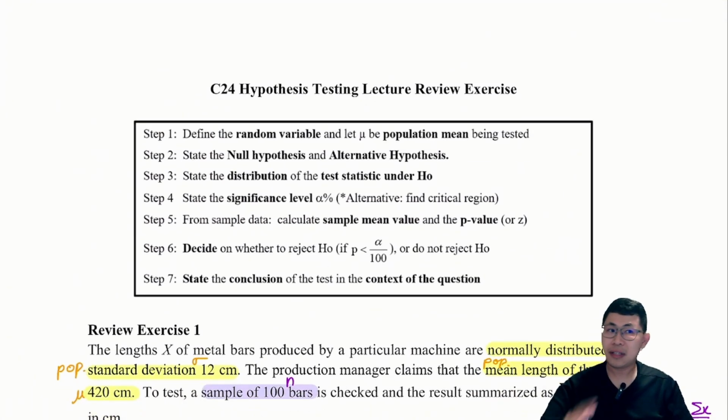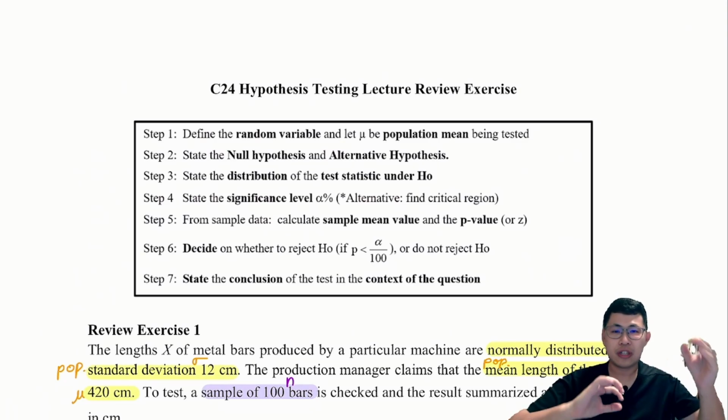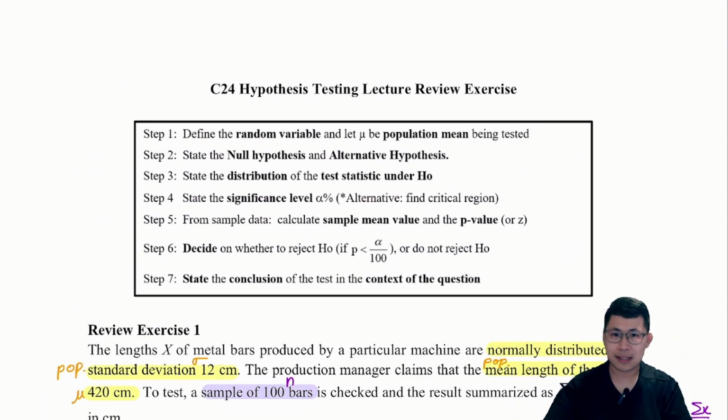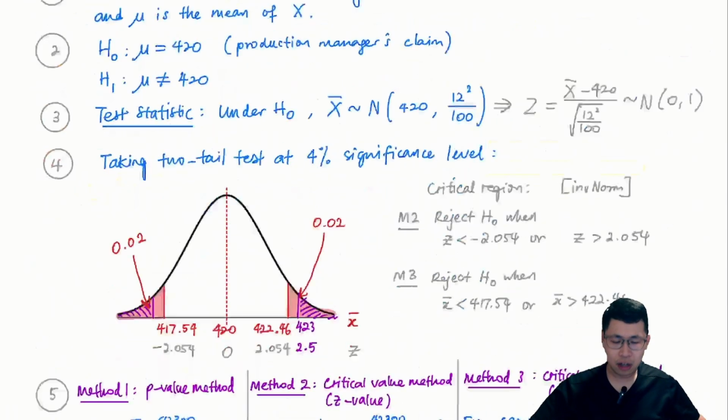So we still need to set up as usual, but for the testing part, we will need to change some of the order of the steps so that we can work backwards to find what we need to find. With this, let us start off with review exercise 5.